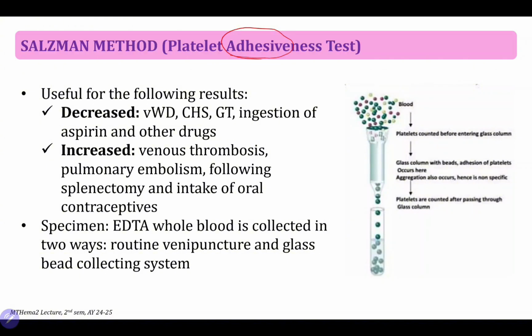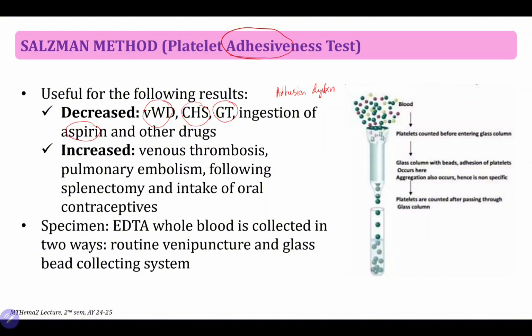Okay? Now, this test is useful for the following results. If you have decreased adhesion, these are associated with disorders that have adhesion dysfunction. And what are those? These are your von Willebrand disease, Chediak-Higashi syndrome, your Glanzmann thrombasthenia, and ingestion of anti-platelet drugs such as aspirin.